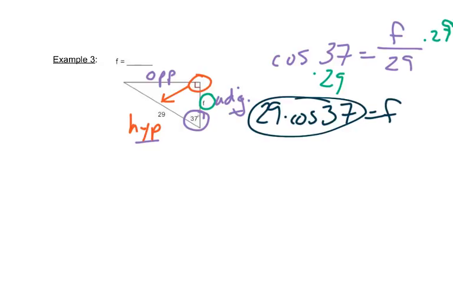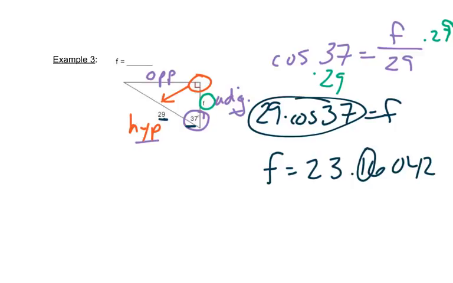So we'll just type in 29 times the cosine of 37, enter. And we get that F is equal to 23.16042. Again, these are both two significant digits, so that means the 3 will stay a 3, and we'll call it 23.